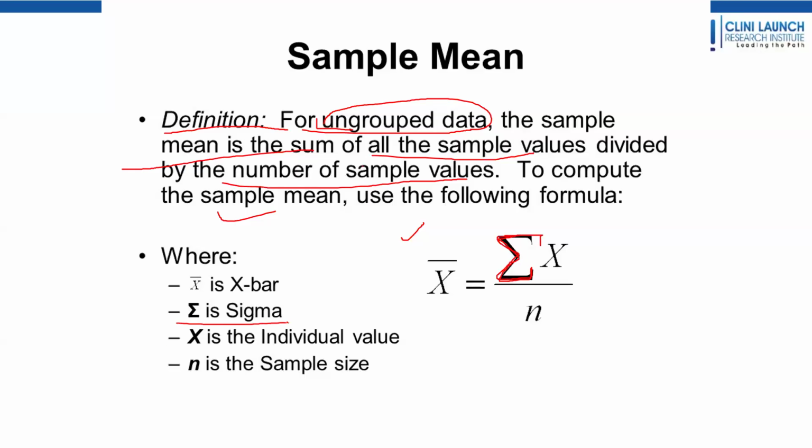This symbol is sigma, and X, and that line above X is called X bar. So X bar is the mean, the symbol of mean. X is the individual value. Small n is called the sample size. Okay, so this is the sample mean.